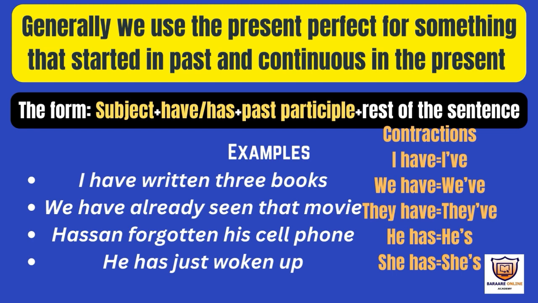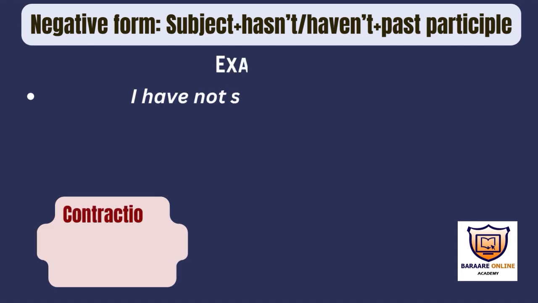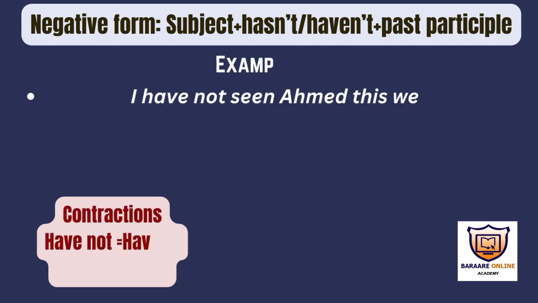I have, we have, we've, they have, he has, he's, she has, she's. So it's contracted. And knowing the contraction is very important when we are talking about the present perfect. Okay, let's proceed.